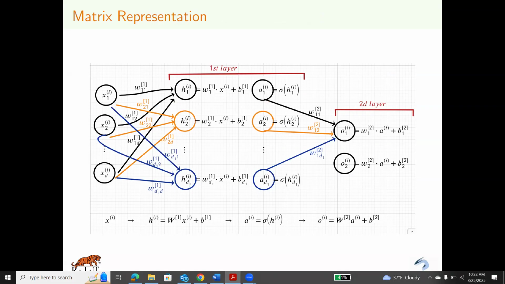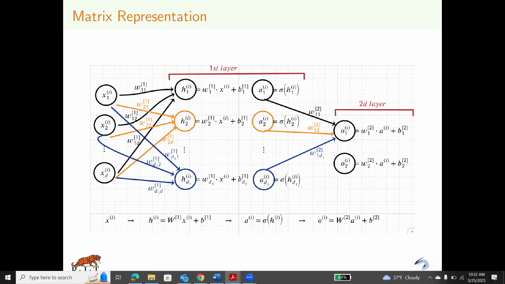If we use matrix notation, instead of writing these two lines on the board, you can write a very simple notation. How to get, for example, H1? You use the first row of your matrix W1 times X. How to get H2?